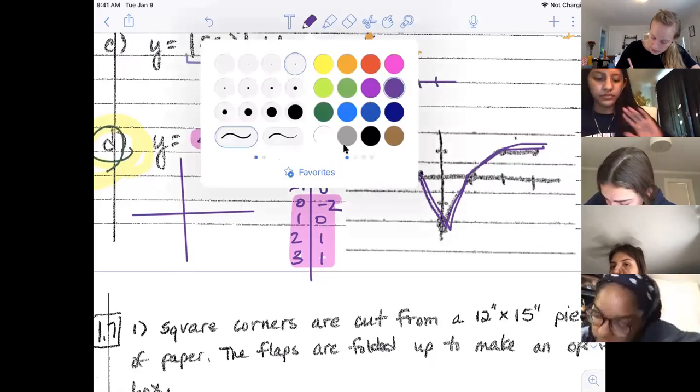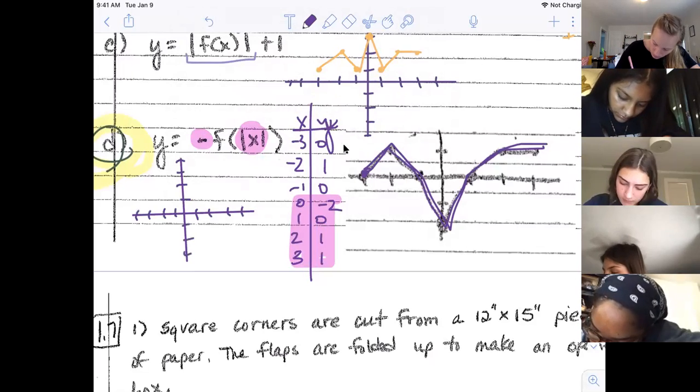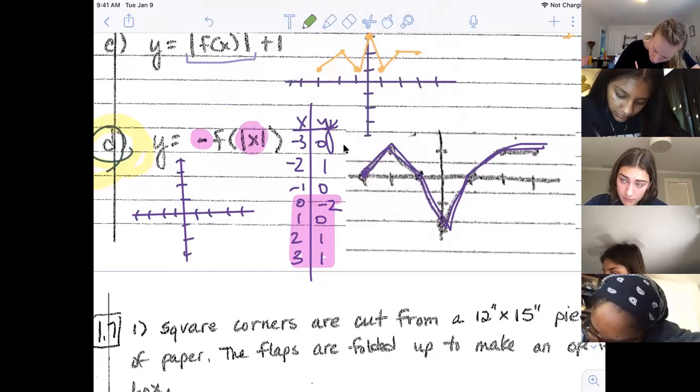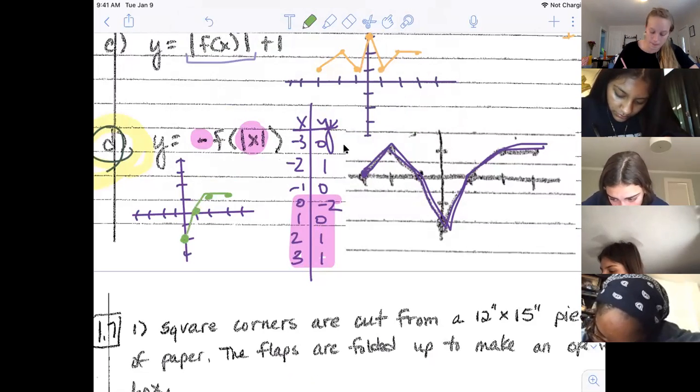The positive x's are fine. All right, so I graphed all the positive x's.